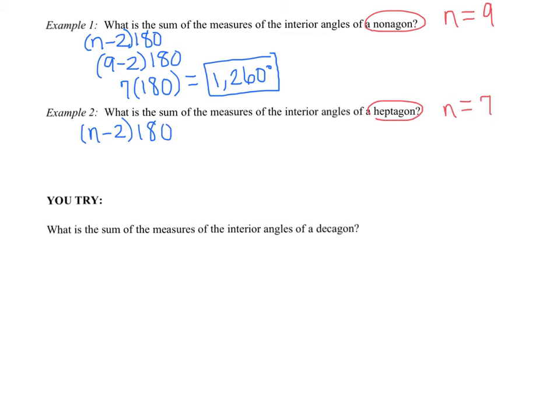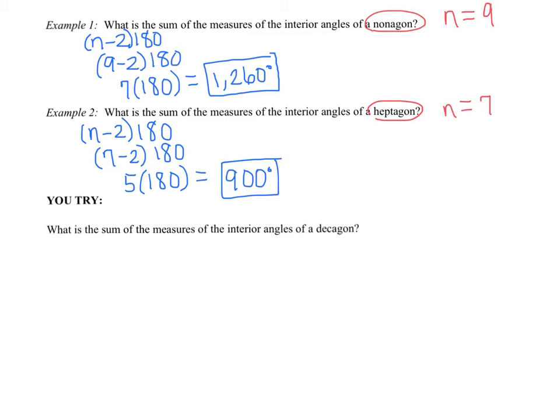So n minus 2 times 180. We know n equals 7. So 7 minus 2 times 180. 7 minus 2 is 5. So 5 times 180. And 5 times 180 is going to give us 900 degrees. And that is your answer.